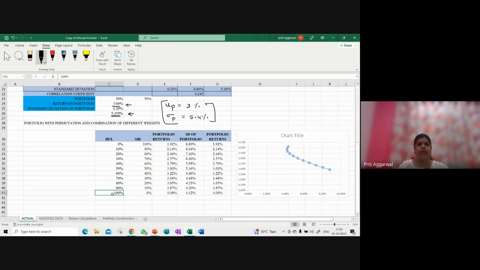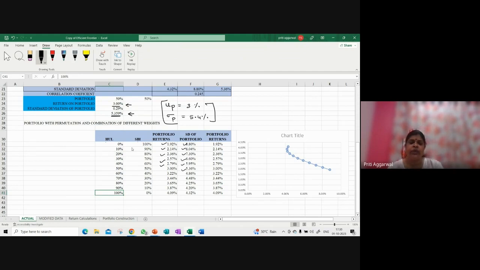So here I have tried a lot of permutations. I have changed the weights of HUL and SBI, and I have got these numbers. These are my returns, and these are my risks of each portfolio, right?